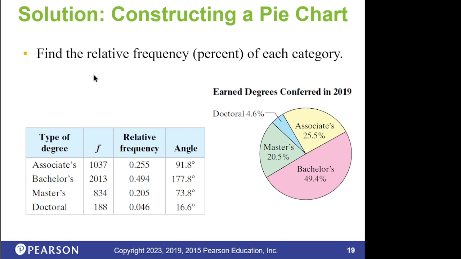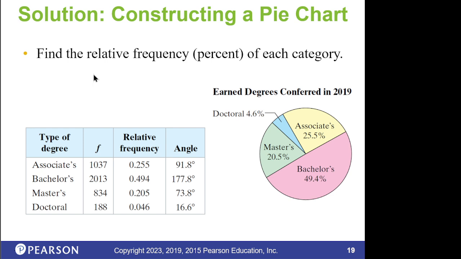So 1,037 plus 2,013 plus 834 plus 188, there were 4,072 degrees.